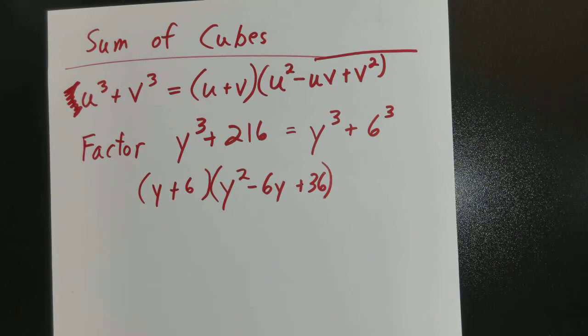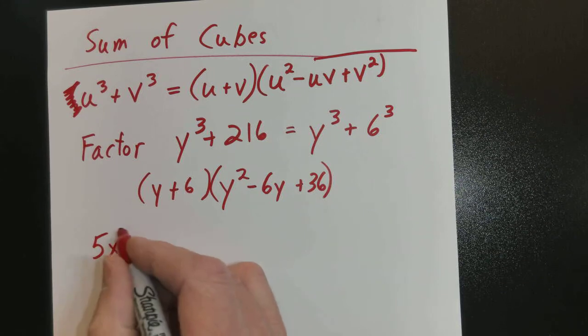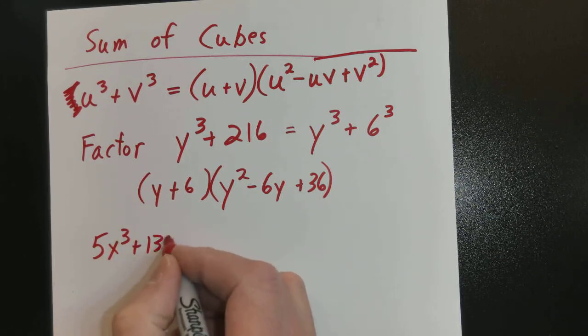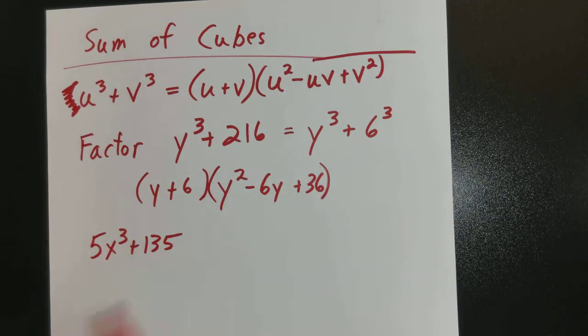I do want to show you another one. Let's factor 5x cubed plus 135. Here's something I didn't say early on. When you have these problems, the first technique we talked about was GCF, right? You should always look to see if you can do GCF before you go on and do anything else.